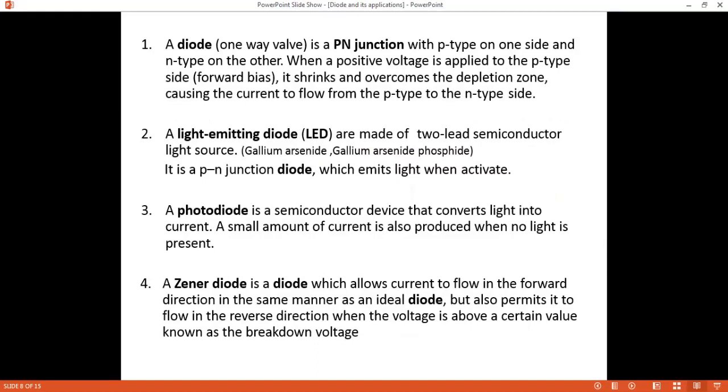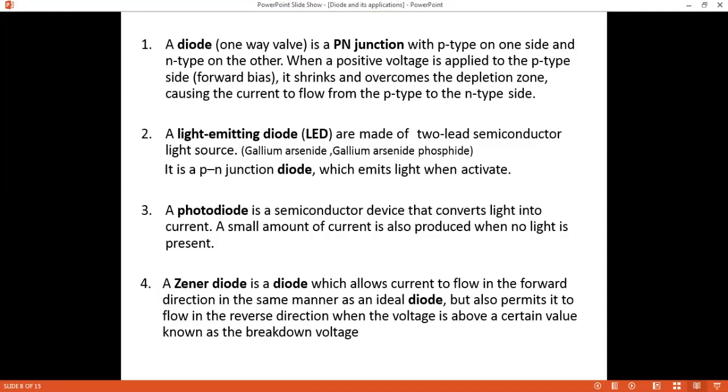What is the LED? Light emitting diodes are made of semiconductor light sources, gallium arsenide phosphate. These two materials are used in LED. It is a PN junction diode which emits light when active.